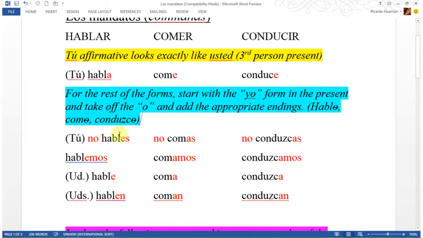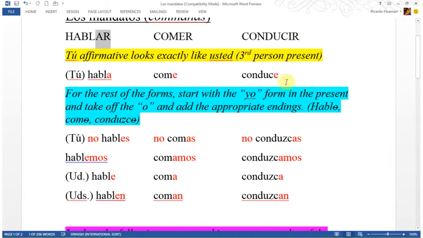So you take off the o, and then you add the ending, and then you have no hables, hablemos, hable, hablen. And then you think, well, Ricardo, that's dumb, because I could have just taken off AR there, and I would have gotten the exact same thing. Well, for this one, yes. For comer, yes, you would have gotten the exact same thing. Remember you're starting from here on down.